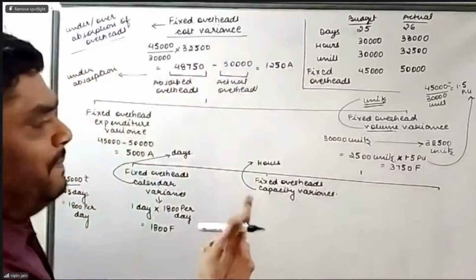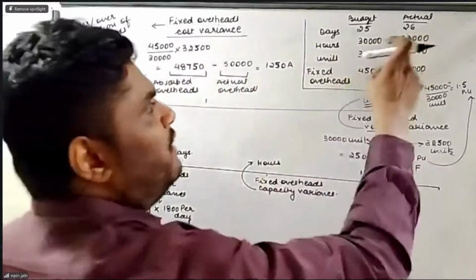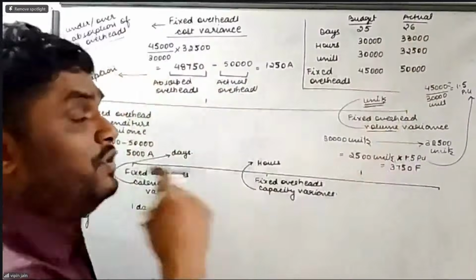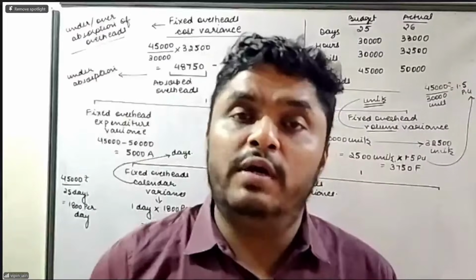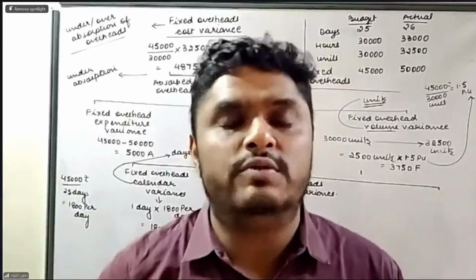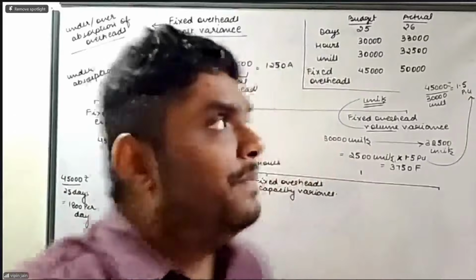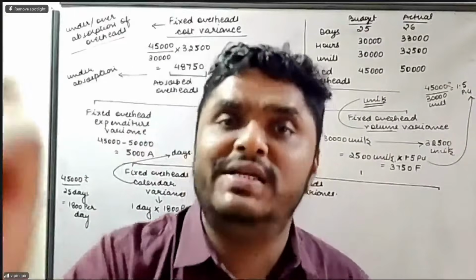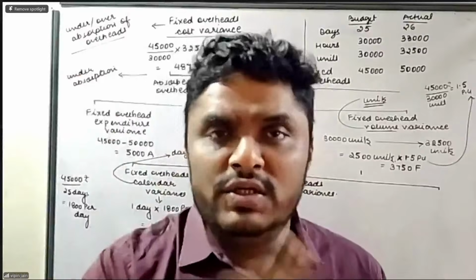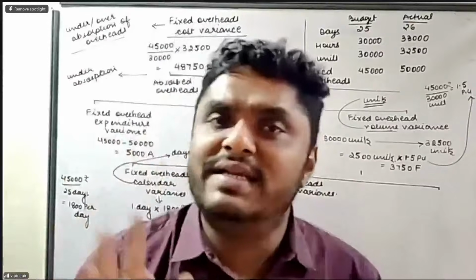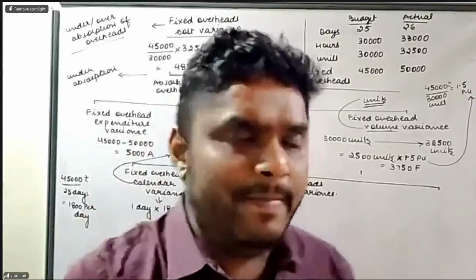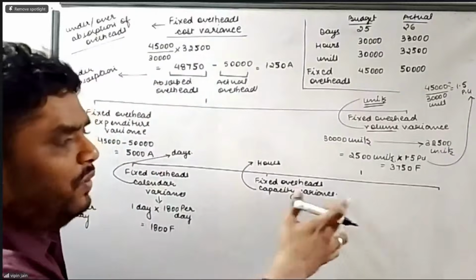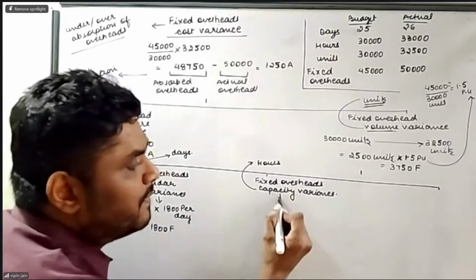So, straight away we will not calculate 3,000 as the difference. We were supposed to work for 30,000 hours and we worked for 33,000 hours. This answer is incorrect because 30,000 hours were for 25 days and 33,000 hours were for 26 days. So this 3,000 hours answer is incorrect. Now what is the correct answer? See, fixed overhead capacity variance.